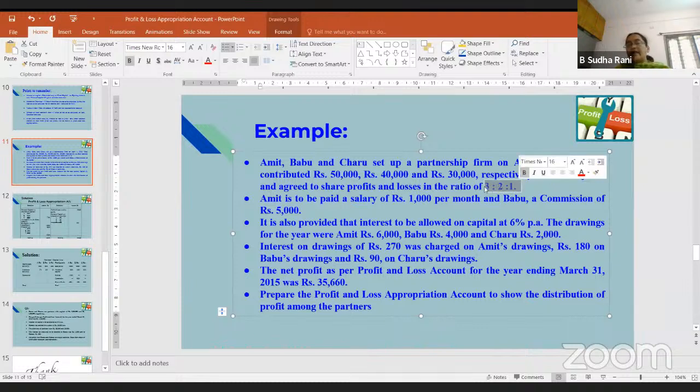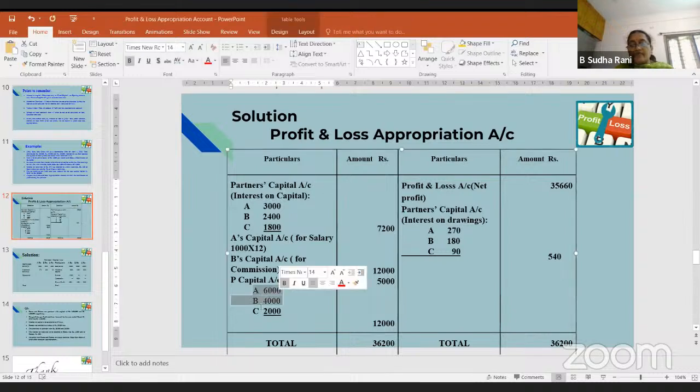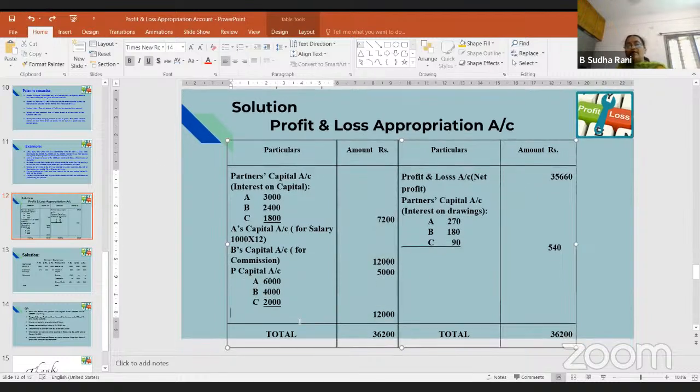So for A 3 by 6, for B 2 by 6, for C 1 by 6. 12,000 into 3 by 6, 12,000 into 2 by 6, 12,000 into 1 by 6. A is getting 6,000 profit, B is getting 4,000, C is getting 2,000. This is how we complete our profit and loss appropriation account.